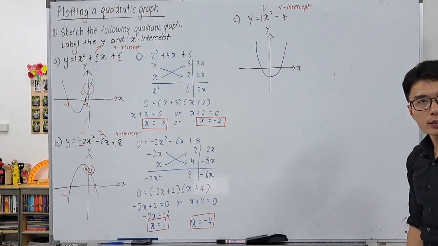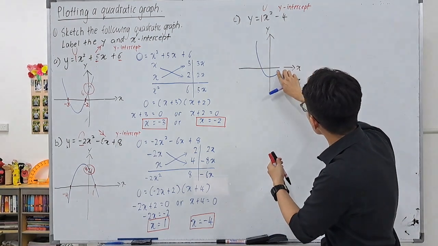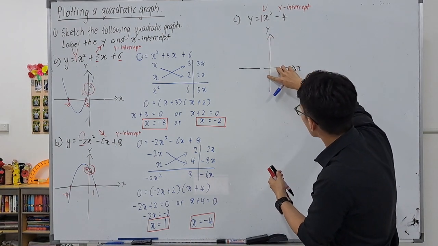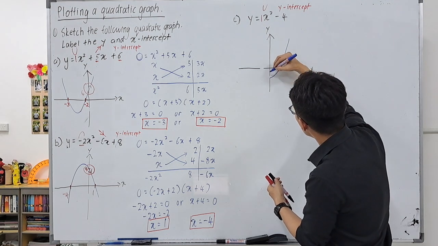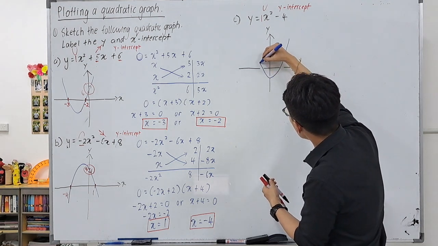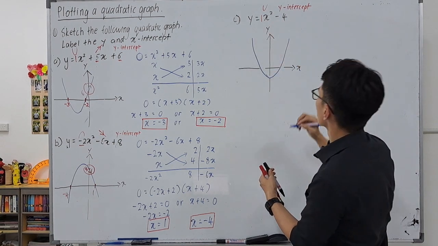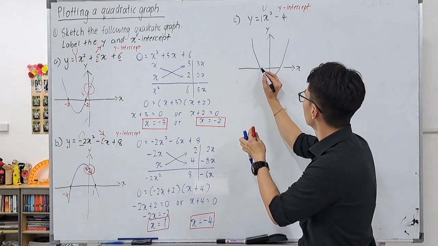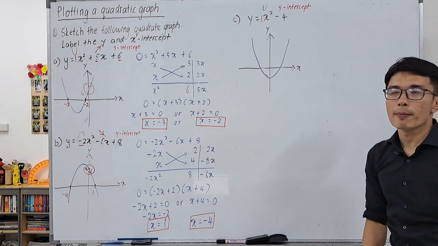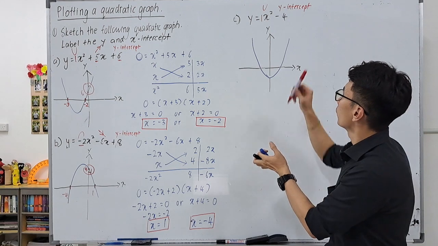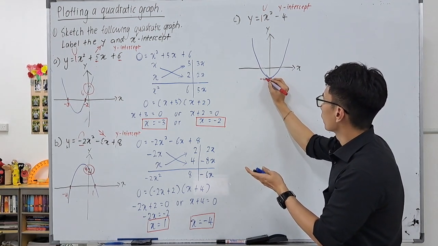Let me draw properly, because there's one thing I want to emphasize later. Alright, good enough. So this is how the graph of x squared minus 4 looks. Again, I want to label my y-intercept. So this is my -4.